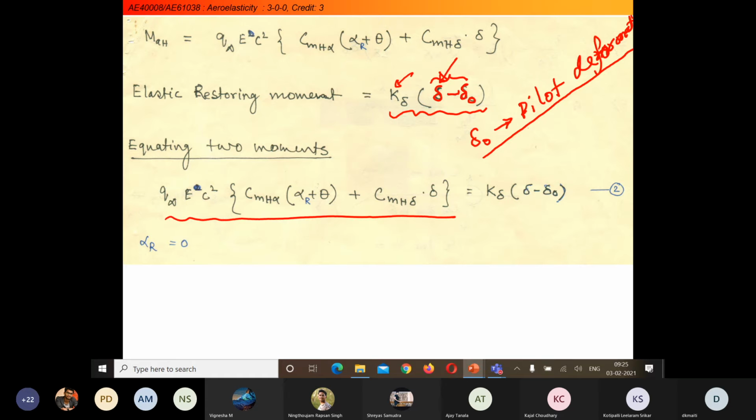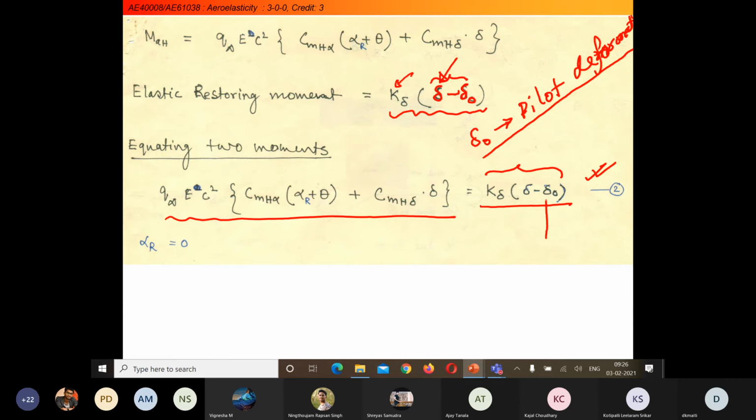So the second equilibrium equation is Q infinity E C square multiplied by CMH alpha into (alpha plus theta) plus CMH delta into delta, that is equal to K delta multiplied by (delta minus delta naught). Is the second equation clear? And is it clear why I am taking K delta multiplied by delta minus delta naught?